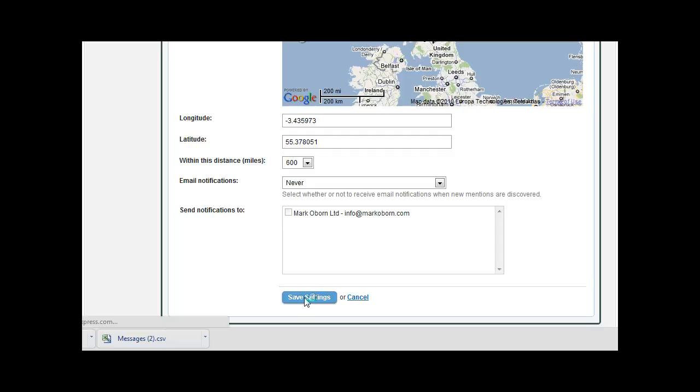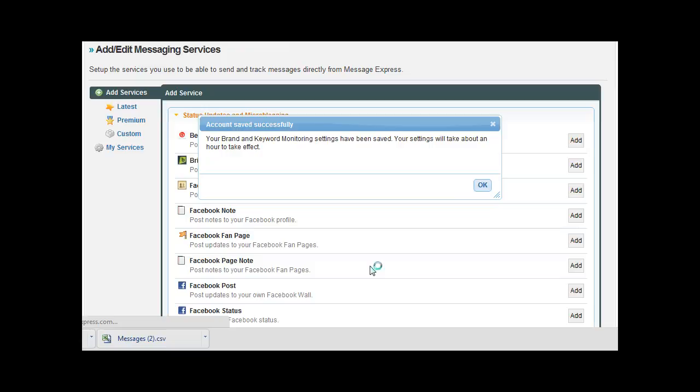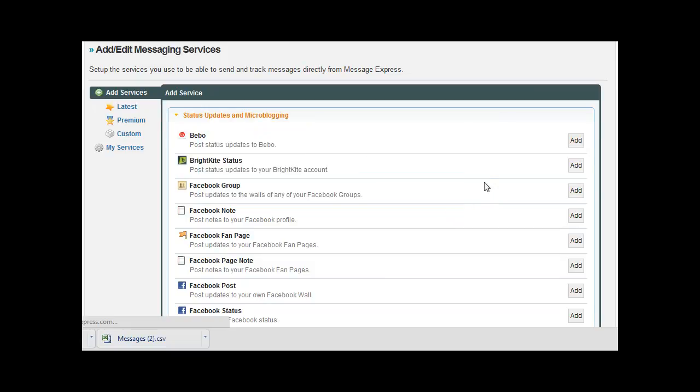I just click on save, and then we can go in and we can monitor that brand. Now it does take a few hours for the system to scour the internet and find out information, so we can't look at that instantly. So there you go. It's a very, very useful tool for measuring analytics and monitoring what people are saying about you.